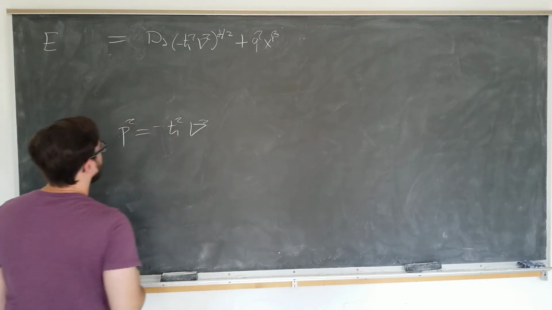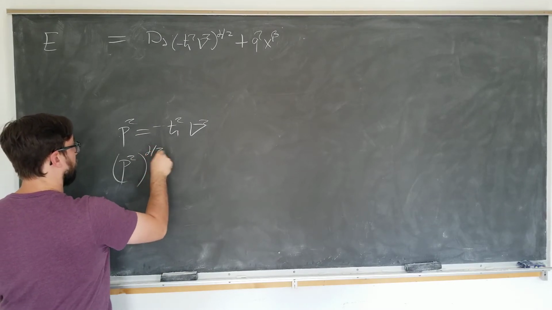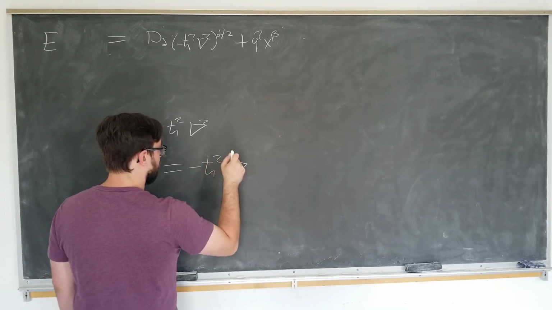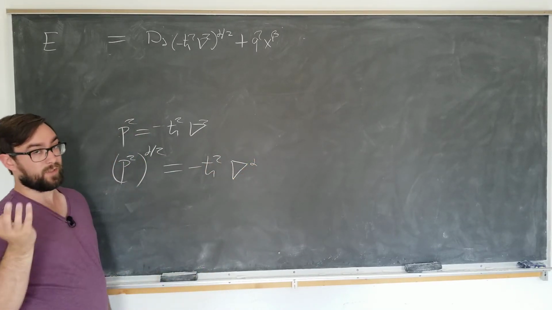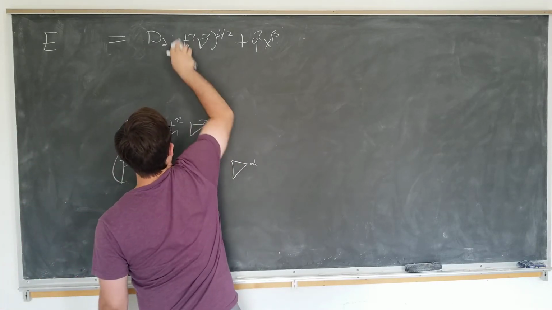P squared was this. So if we do p squared to the alpha over 2 power, it's just going to be minus h bar squared, the gradient to the alpha power, whatever that means. So this is just p to the alpha.